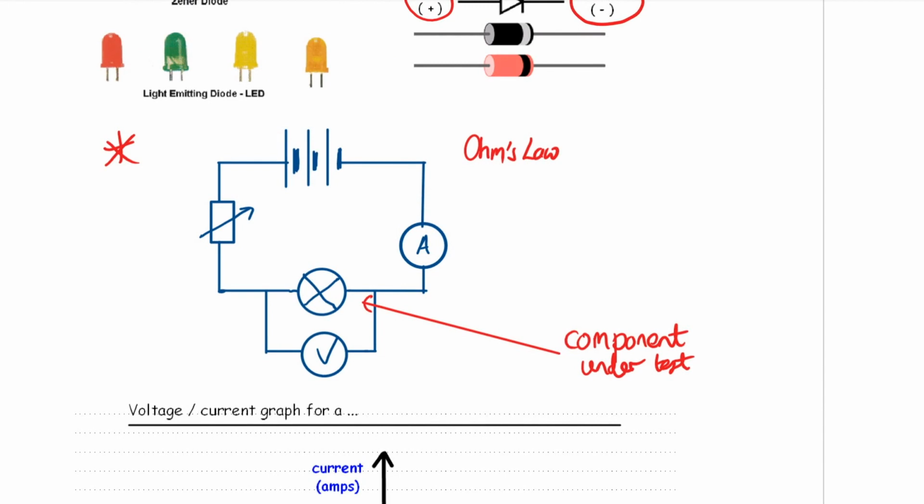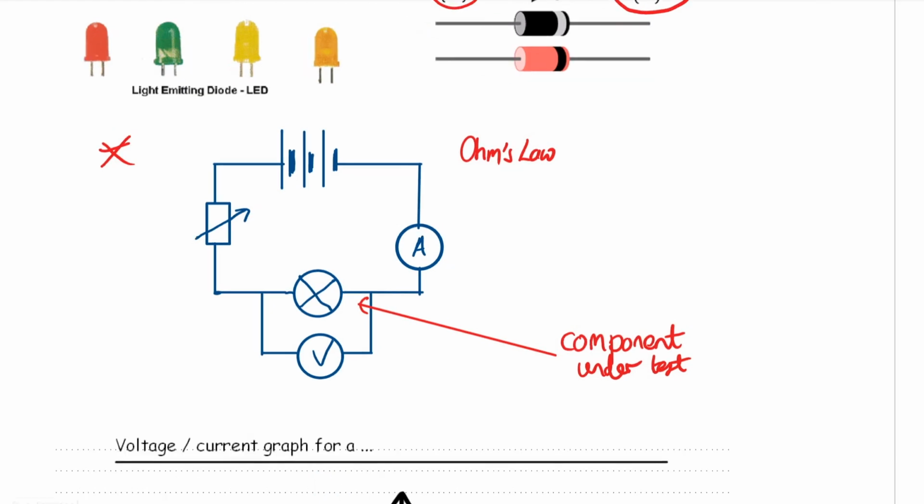It was a resistor the first time, then it became a bulb, and this time we want to change that bulb to a diode. Let's remove the bulb component under test and then put in the diode.